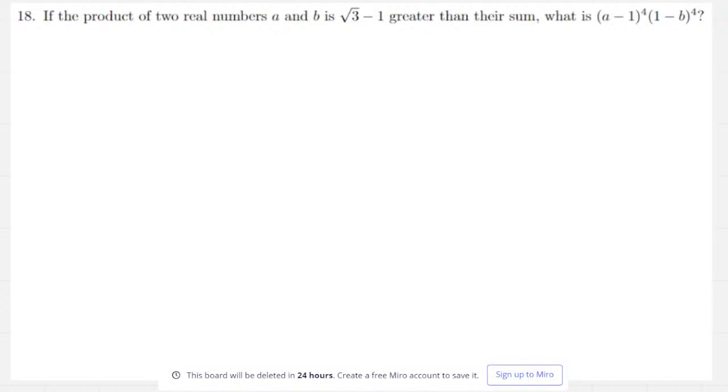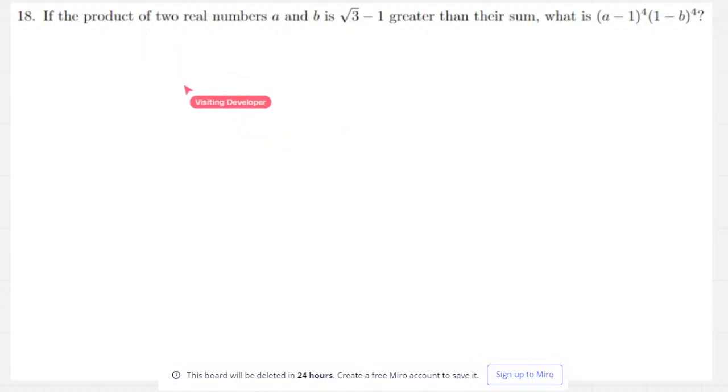Okay, so problem 18. We're given that the product of two real numbers a and b is root 3 minus 1 greater than their sum, and we want to find the value of this expression. So first we can take what we know and write an expression out of that.